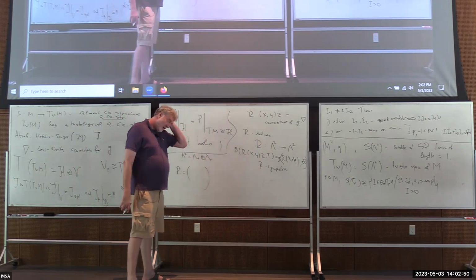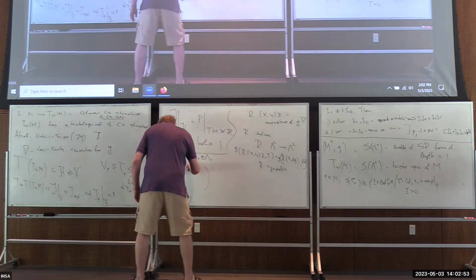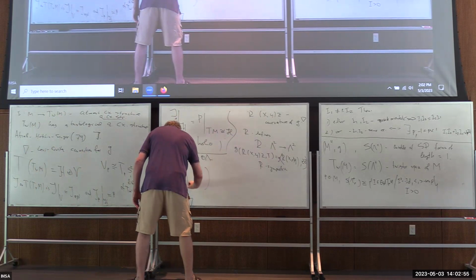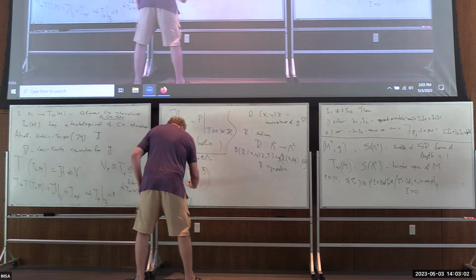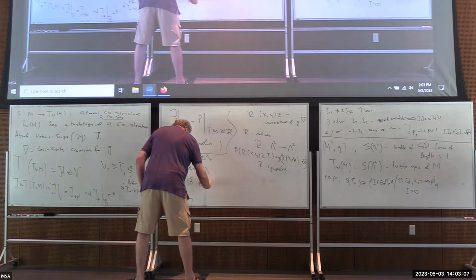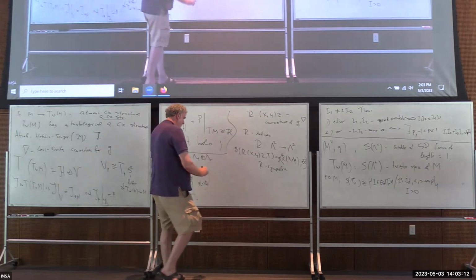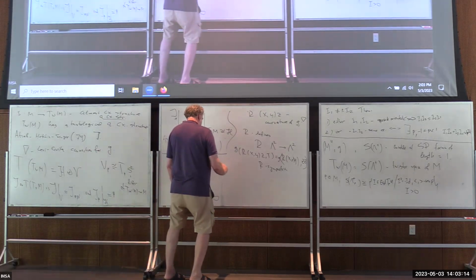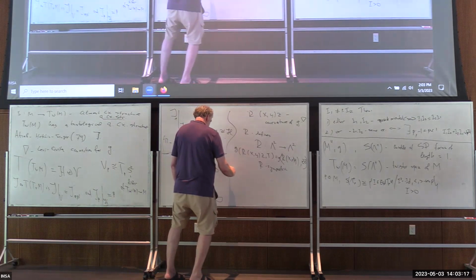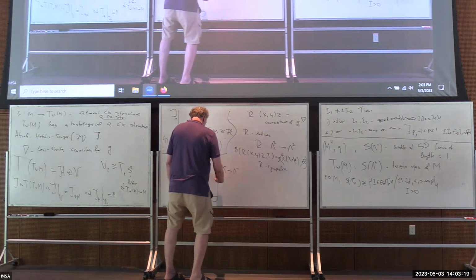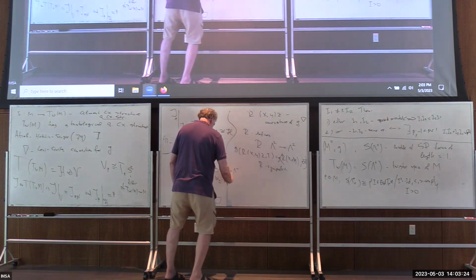So this block here is 3 by 3. And the way I'm going to write it is, where B is a map, and W plus and W minus are mappings from the plus and minus spaces to themselves.